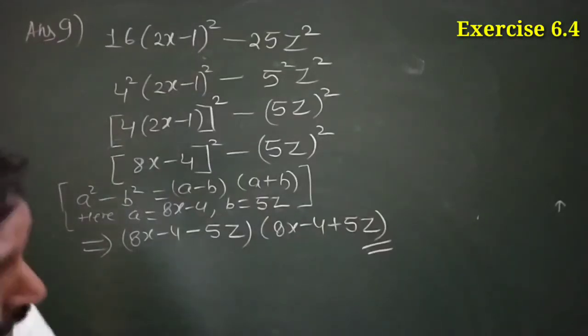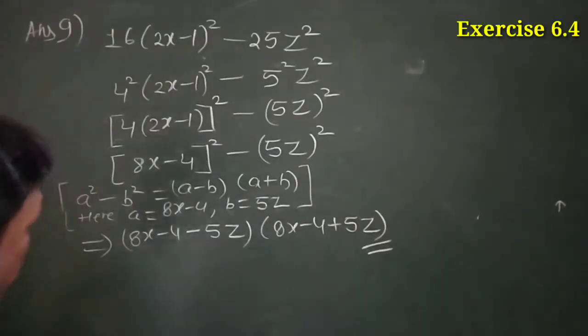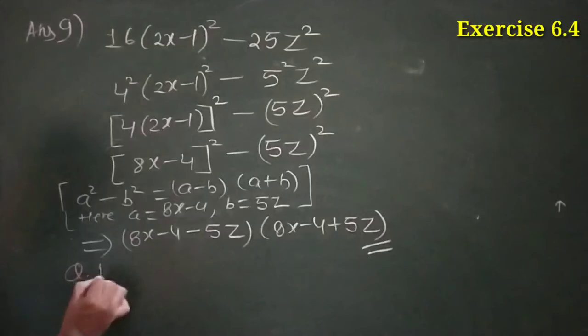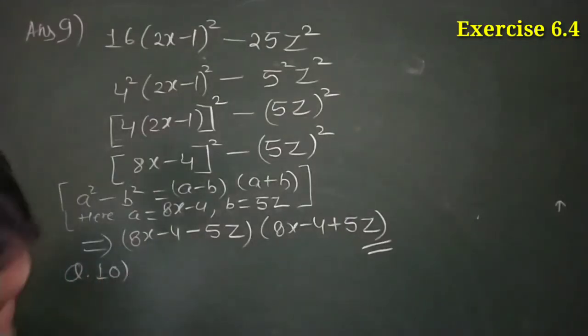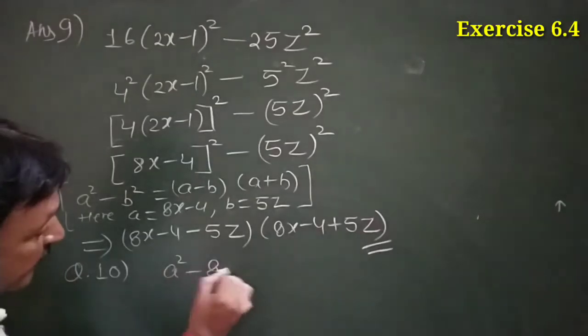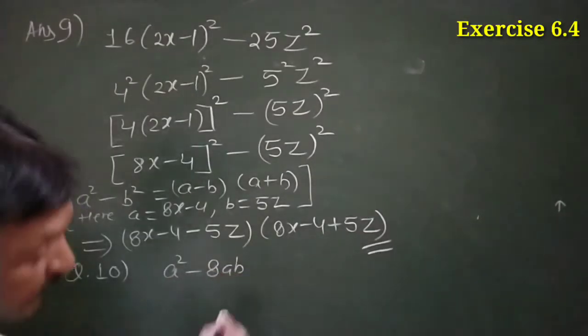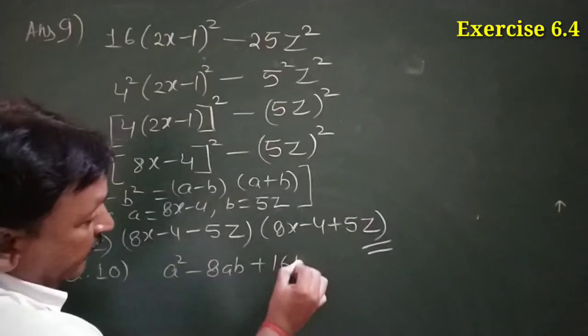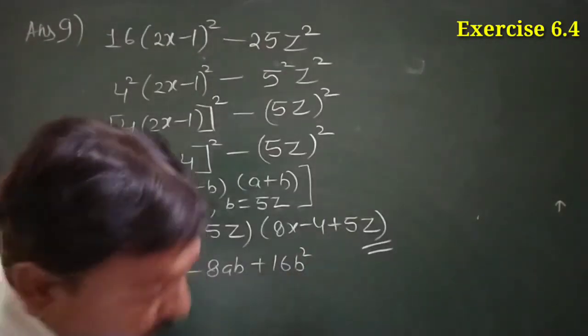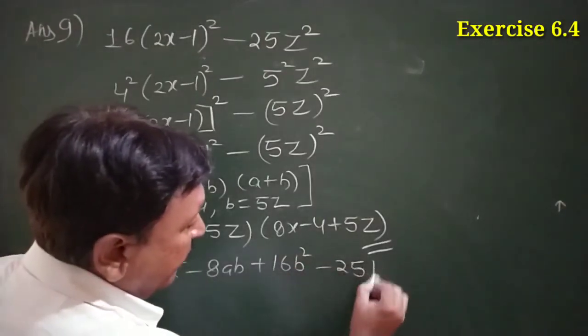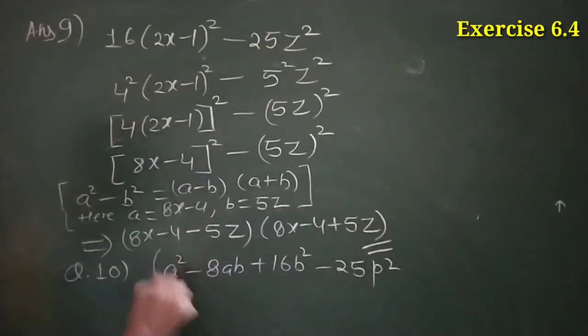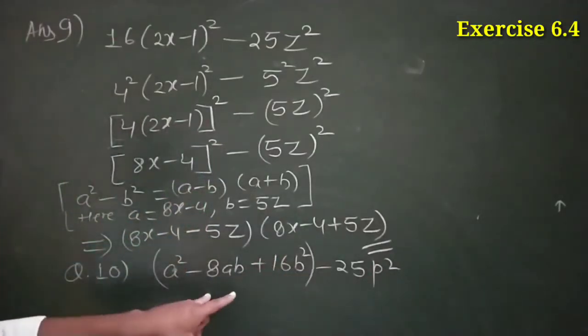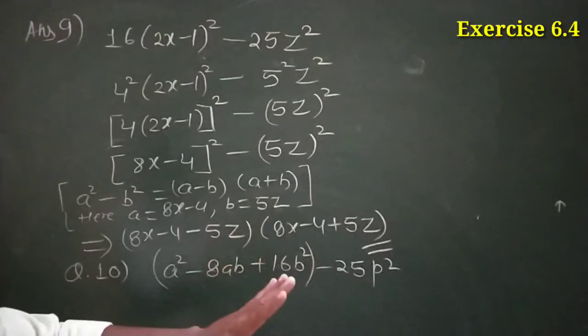Okay. And now see question number 10 also. If you will see question number 10, it is a square minus 8ab plus 16b square minus 25p square. See, this thing will get converted into x minus y whole square.